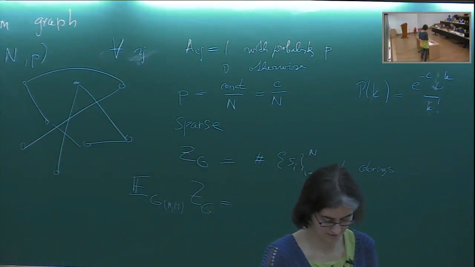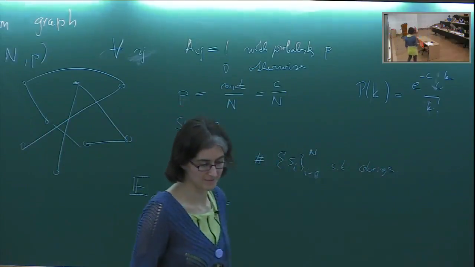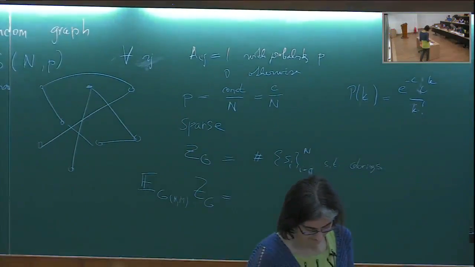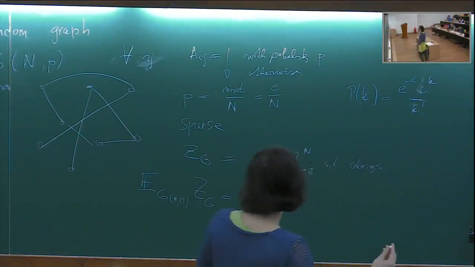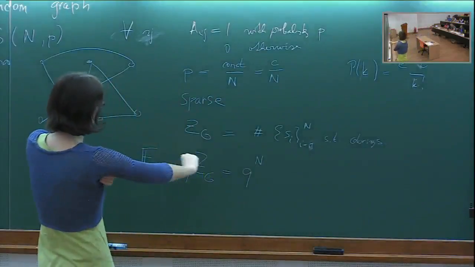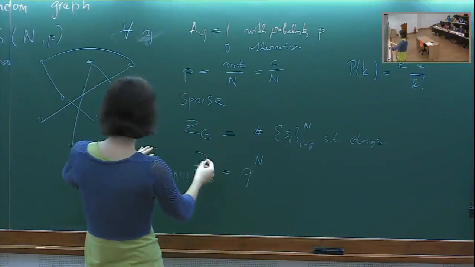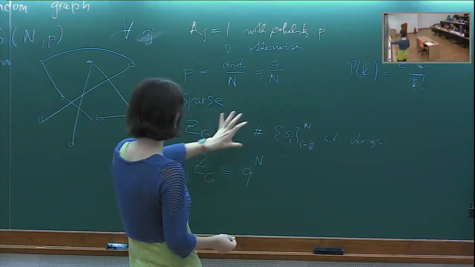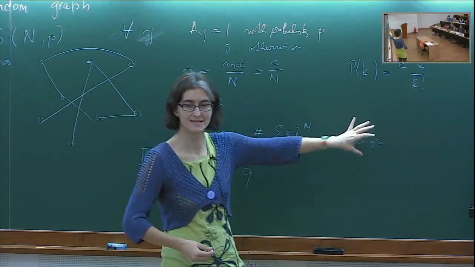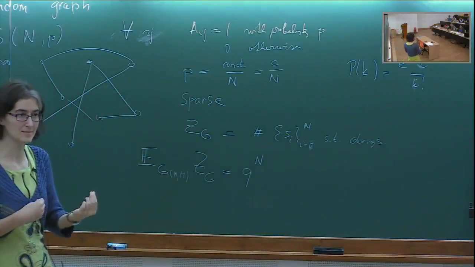Let me start directly with this. When you think about the average number of colorings over all possible graphs, since Z is a sum over all possible colorings of an indicator function that it is indeed a coloring, and the average is also a sum, you can switch the two sums.